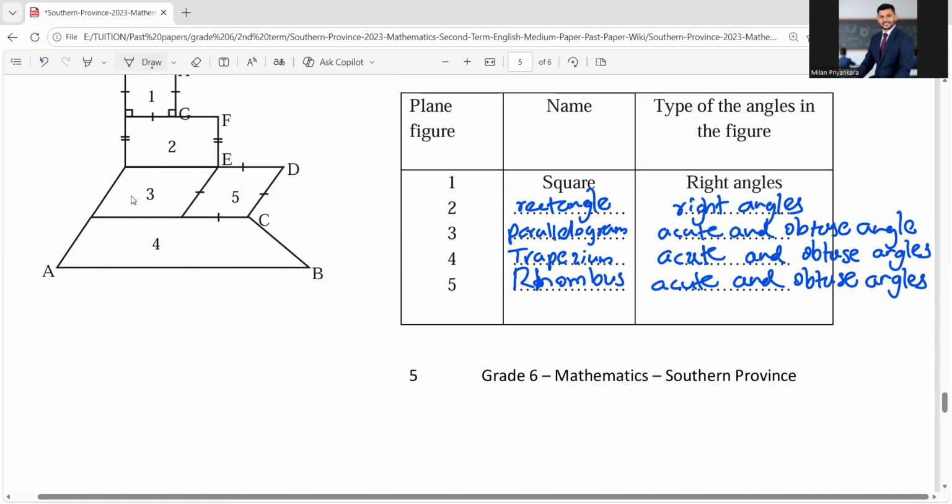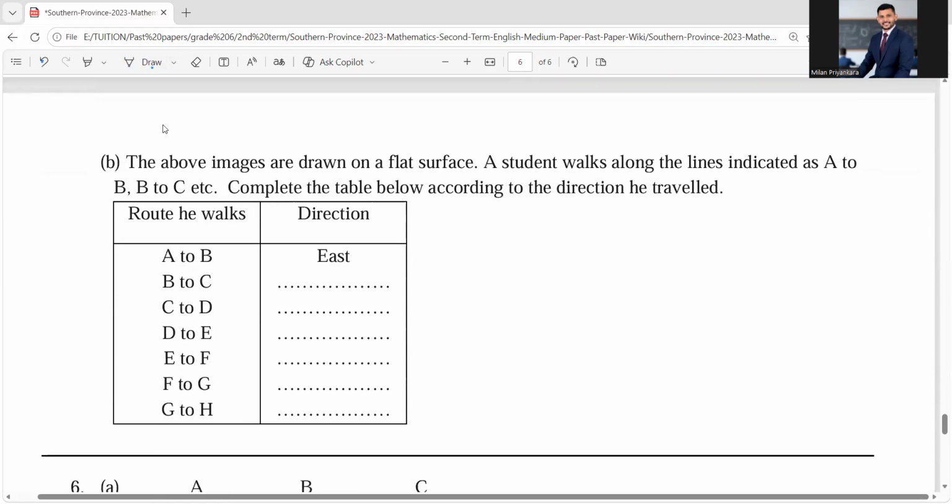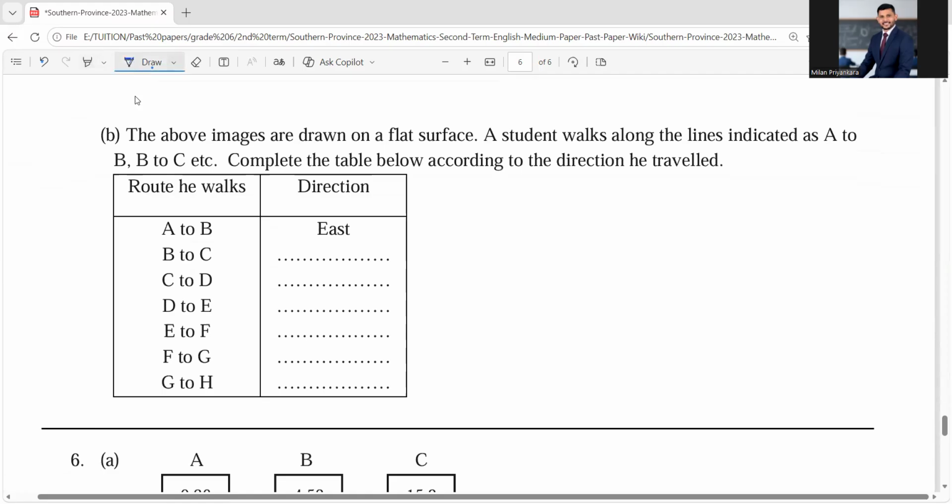Okay, now let's go to the sixth question. I mean the part B of 5, right? The above images are drawn on a flat surface.